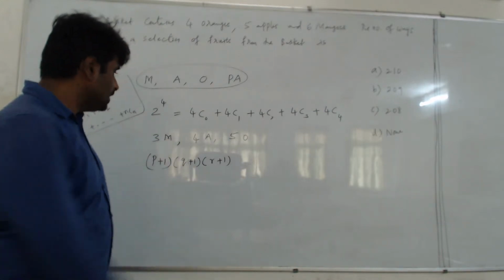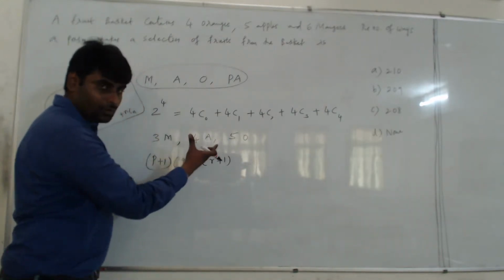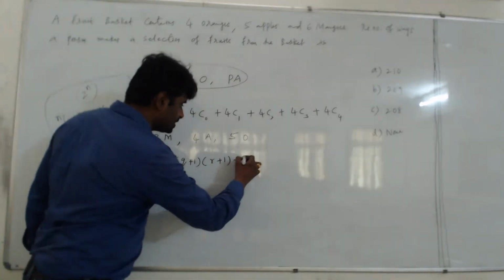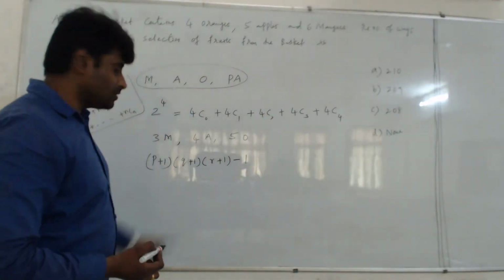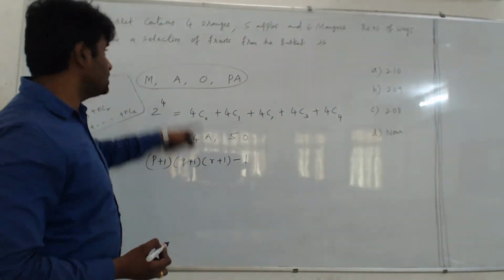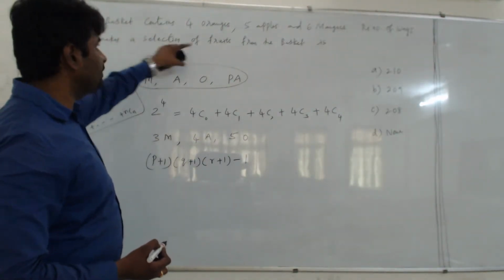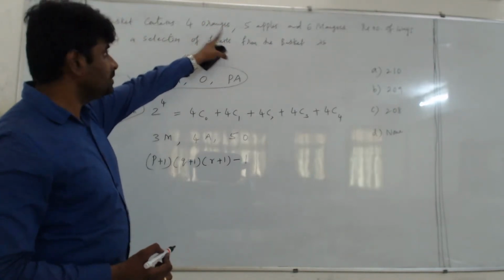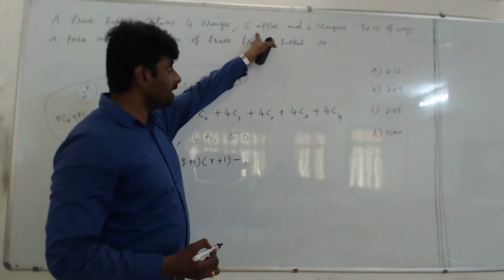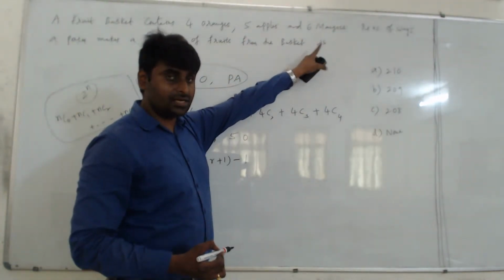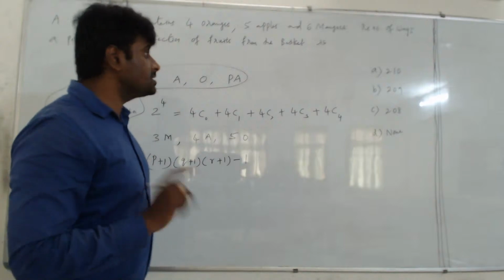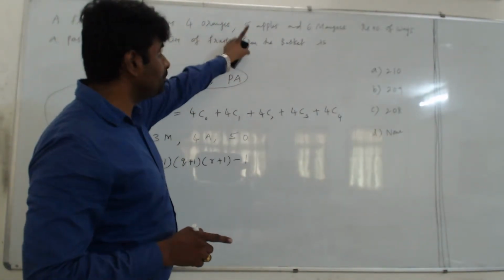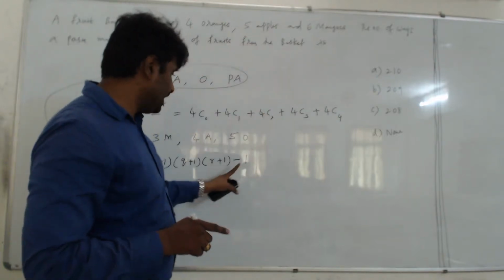In that also, for the number of selections of one or more, meaning selection of at least one fruit is compulsory, for this reason we'll write minus 1. So the same thing we are going to use in this case. Here we have been given four things alike of the first kind, 5 things alike of the second kind, and 6 things alike of the third kind. When you are given categories of things, then the total number of selections will be (p plus 1) into (q plus 1) into (r plus 1) minus 1.